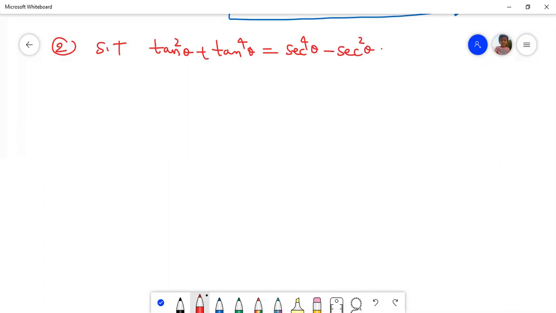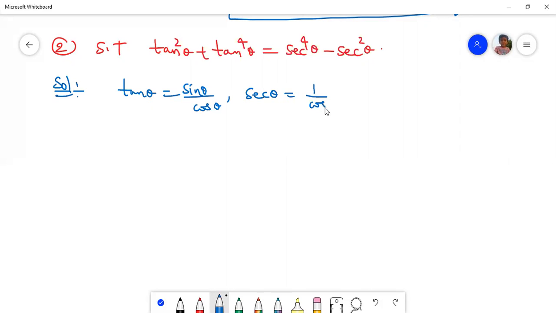In this also, you can write tan, sec, cosec in terms of sin and cos. We know that tan theta equal to sin theta by cos theta, and secant theta equal to 1 by cos theta. Before that, first we can take the LHS.